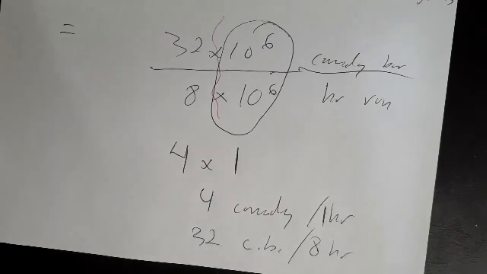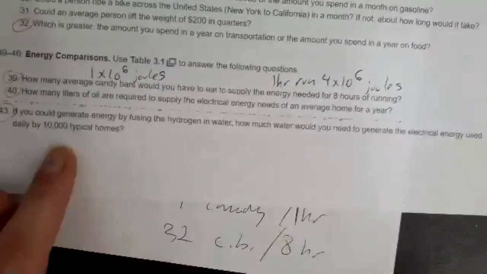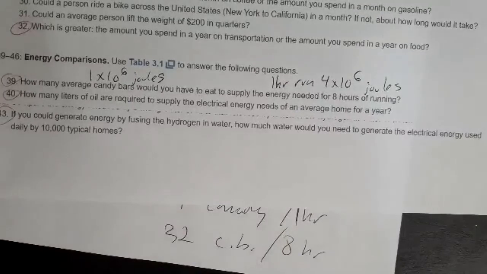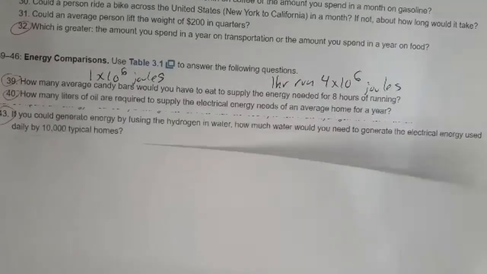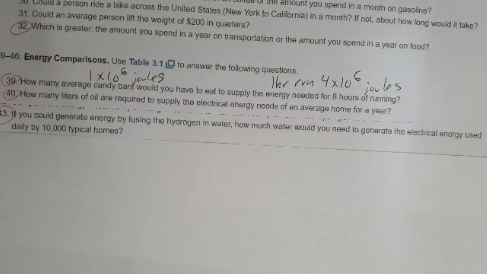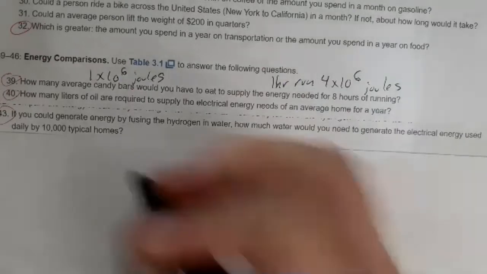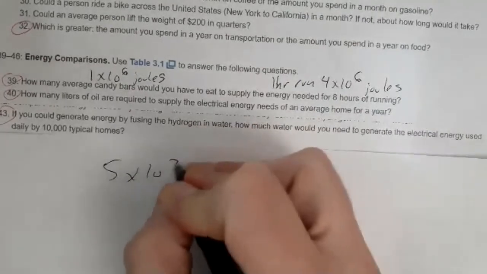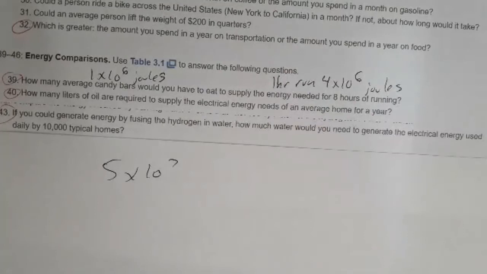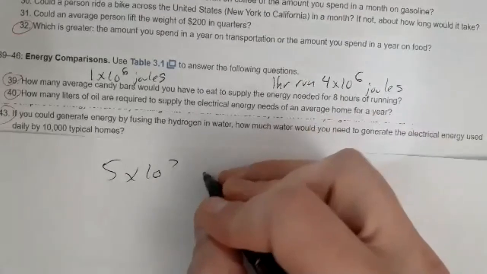What do they say? If you could generate energy by fusing the hydrogen and water, how much water would you need to generate the electrical energy by 10,000 typical homes? So it's the same thing. We're taking this chart. We're seeing the daily energy by a typical home is 5 times 10 to the 7th. And we'll multiply this.